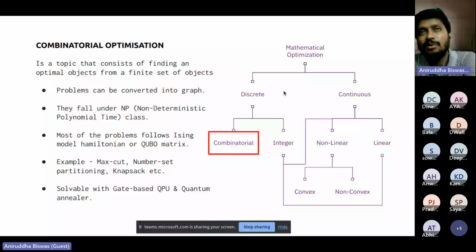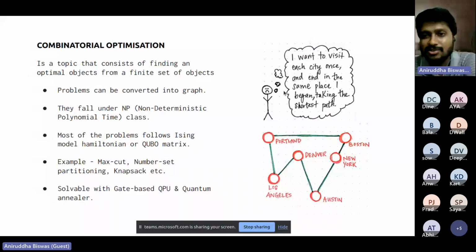What is the traveling salesman problem? There is a person who wants to visit certain cities. You can see here on the right hand side, there are 6 cities I have mentioned using some dots and lines. So basically this is a graph representation of the problem. The problem is that the person wants to visit all the cities and come back to the same starting point within the shortest path.